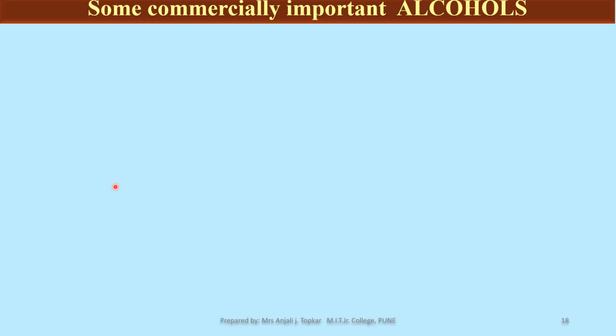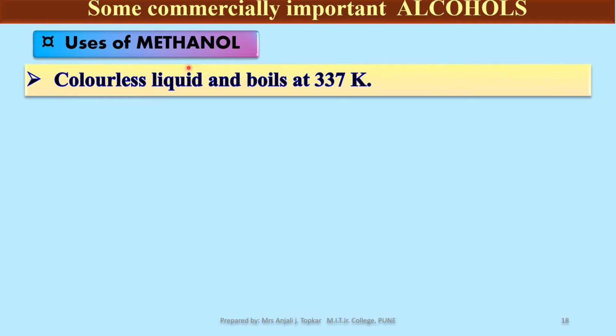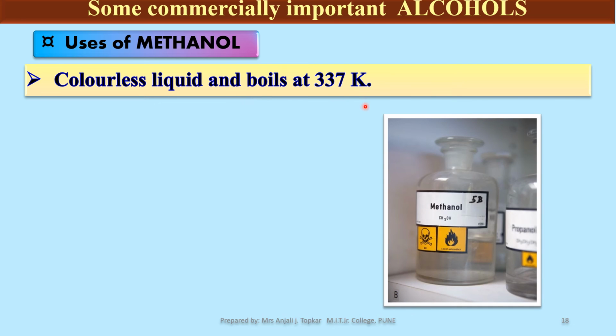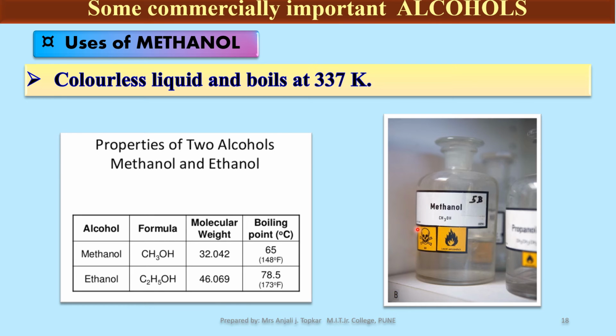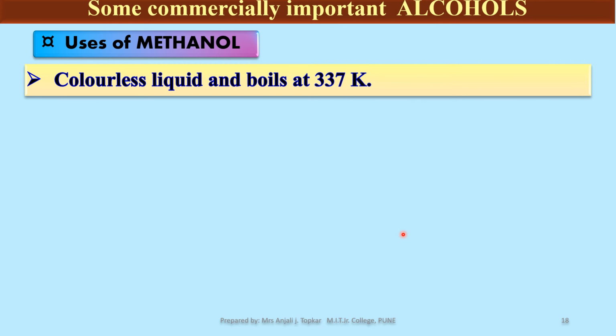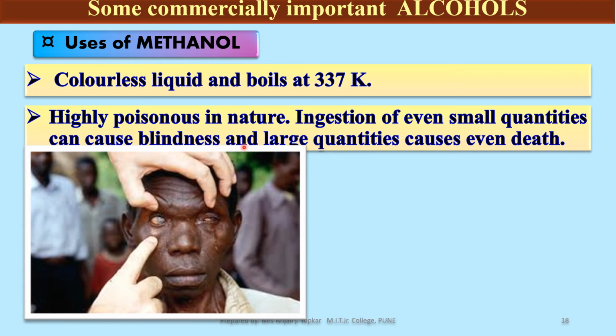Now we are going to see some important uses of alcohols. Uses of methanol. Methanol is colorless liquid and boils at 337 Kelvin. Highly poisonous in nature, and ingestion of even small quantity can cause night blindness, and large quantity causes even death also.